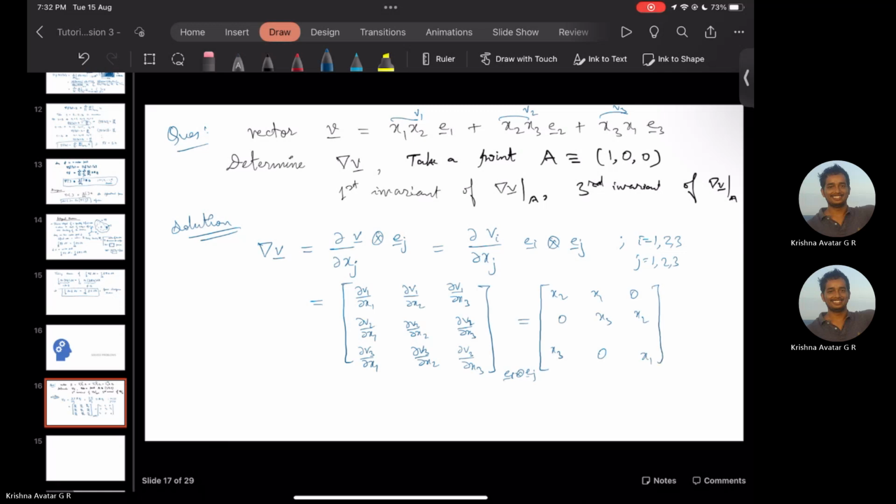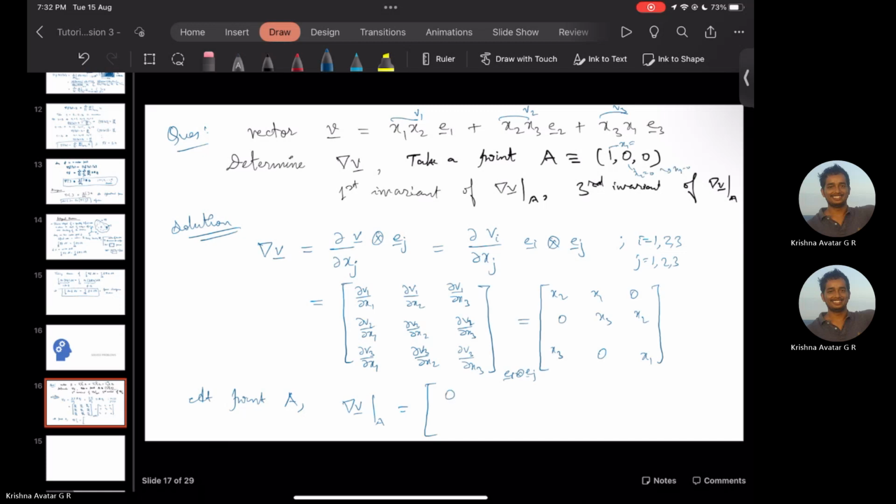Okay. And at point A, grad V at A is given as follows: x1 is equal to 1, x2 is equal to 0, and x3 is equal to 0.